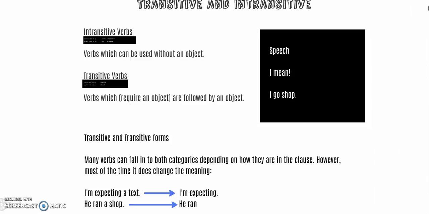Also in some regions they say things like I go shop. To look at that, to analyse it, it looks like I go used in a transitive form. However, it has just got the preposition and the article to the missed out.